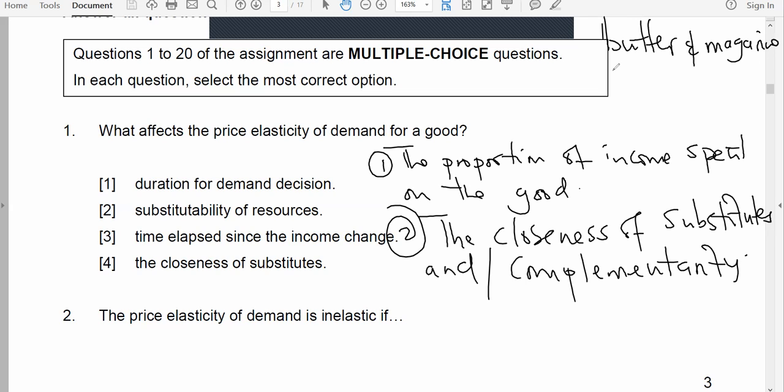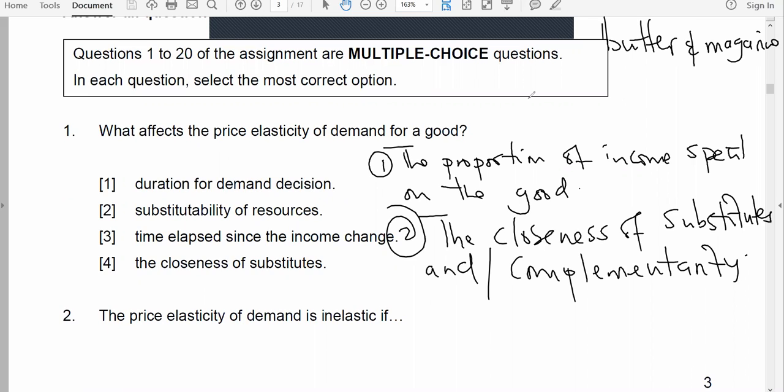So if the price of butter increases, consumers can easily switch to margarine. The fact that they are switching from butter to margarine means the quantity demanded of butter changes very rapidly. It becomes very responsive. Why is that so? Because consumers have got a substitute. They can easily switch from one product to another. So the more substitutes there are, the more sensitive the demand is to changes in prices.